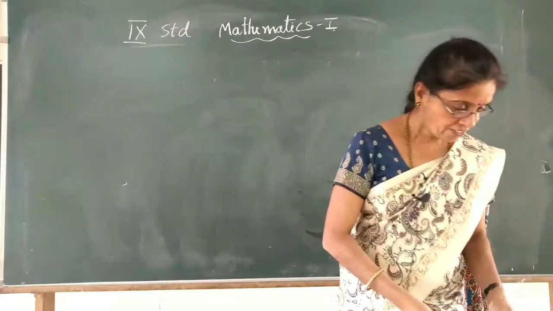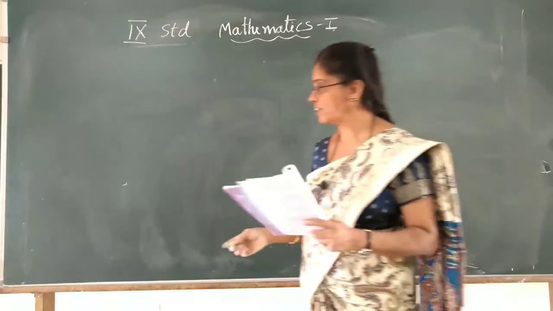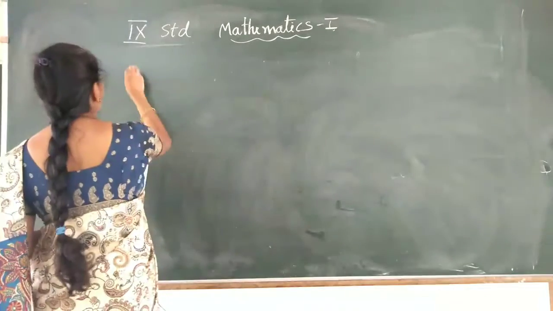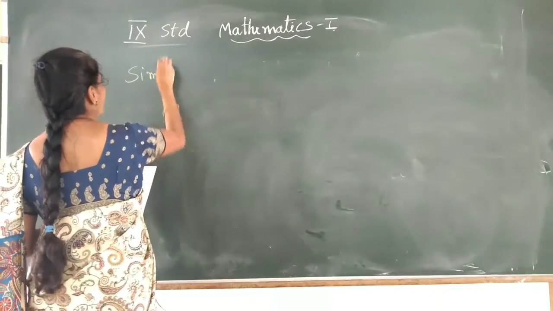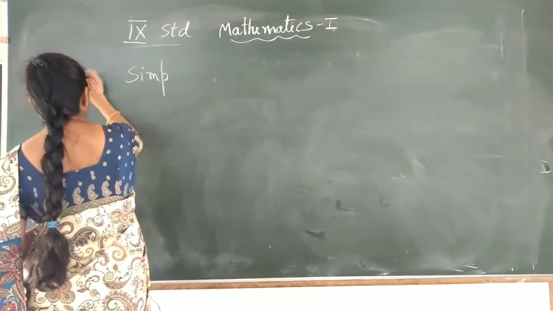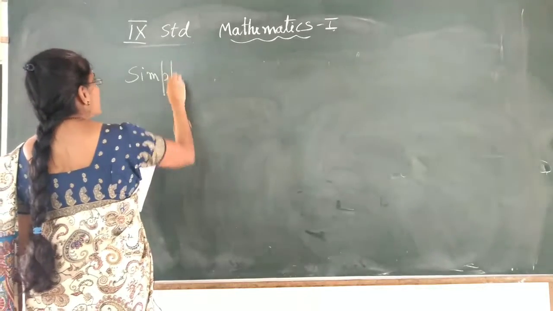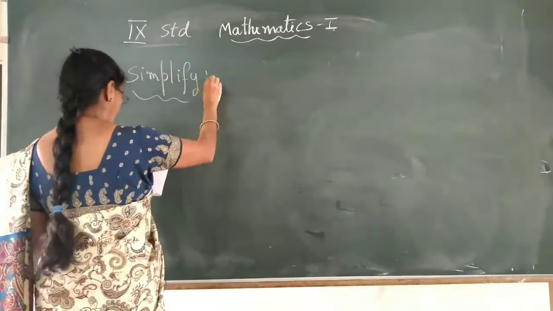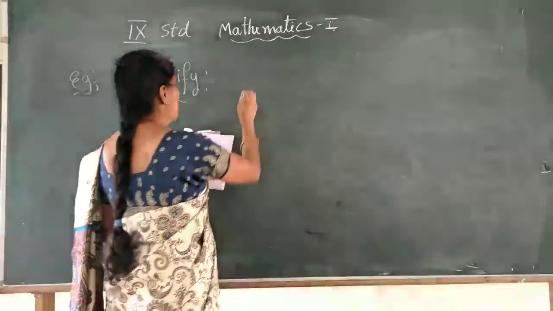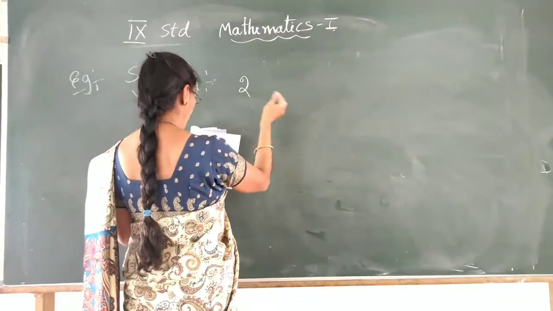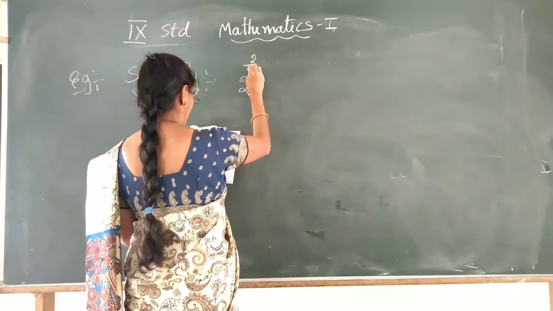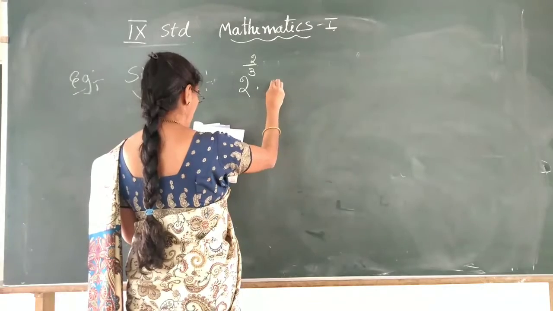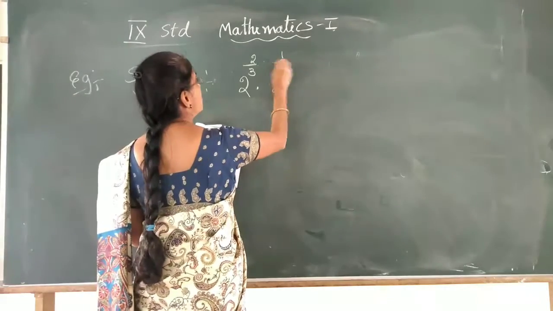Now see one example. Simplify or find the value, etc., they will give. Example problem: simplify 2 to the power of 2 by 3 into 2 to the power of 1 by 3.